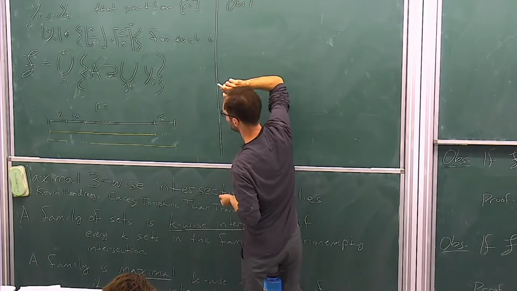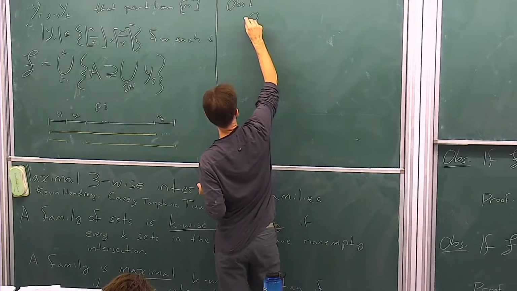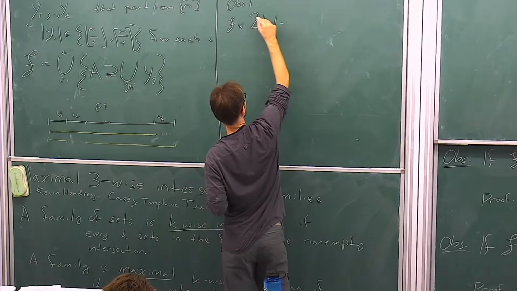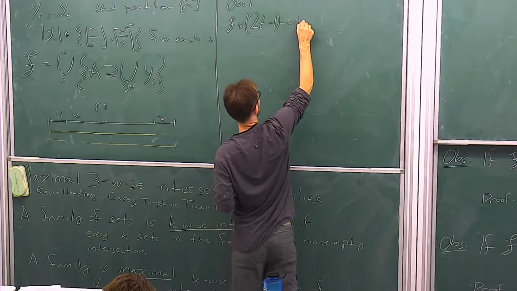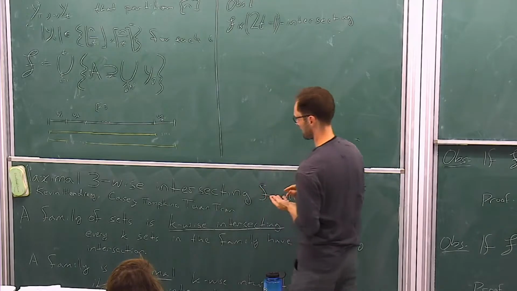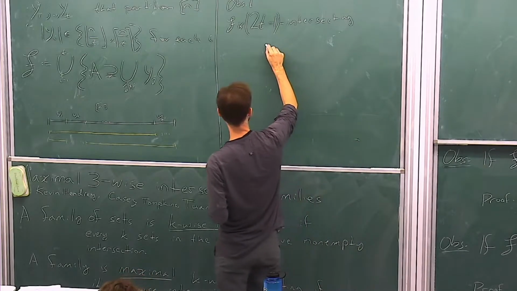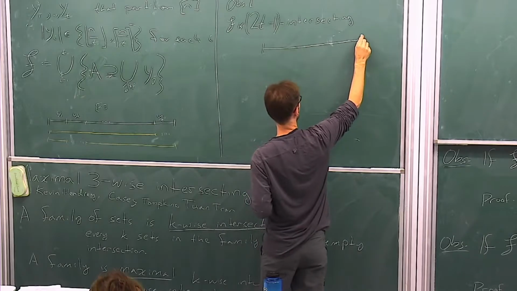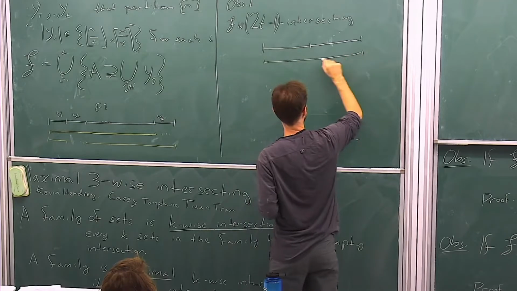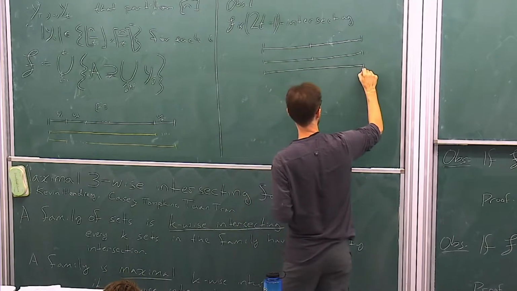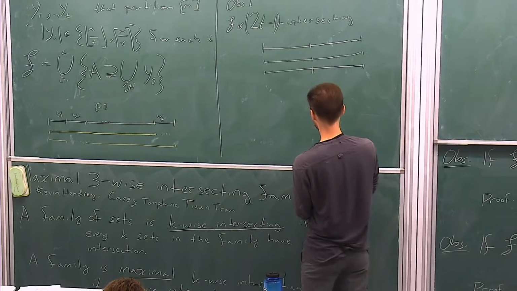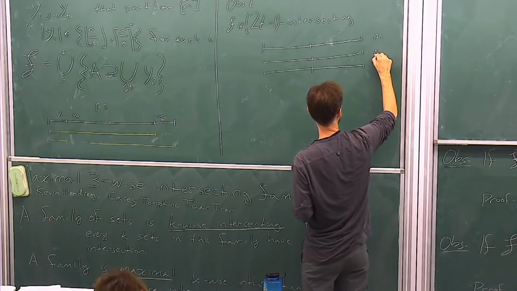Observation 1 is that F is 2t minus 1 intersecting. Let me draw just the picture for t equal to 2, and let's look at three sets, A1, A2, A3.